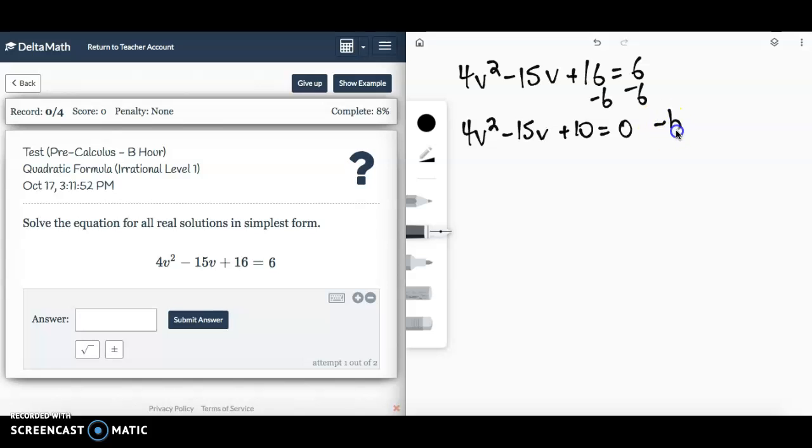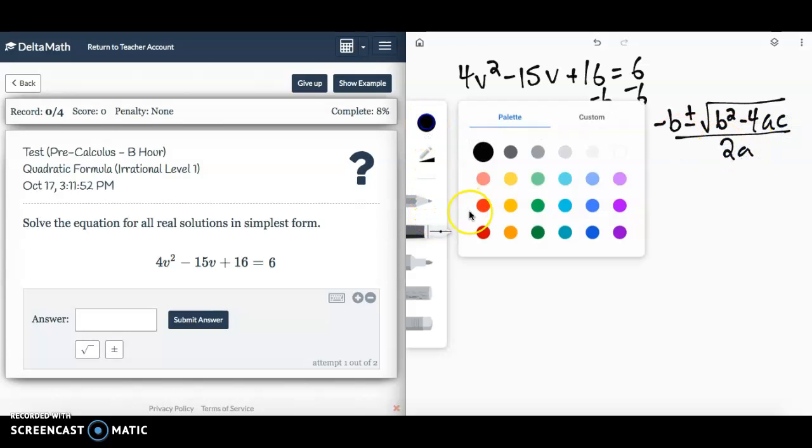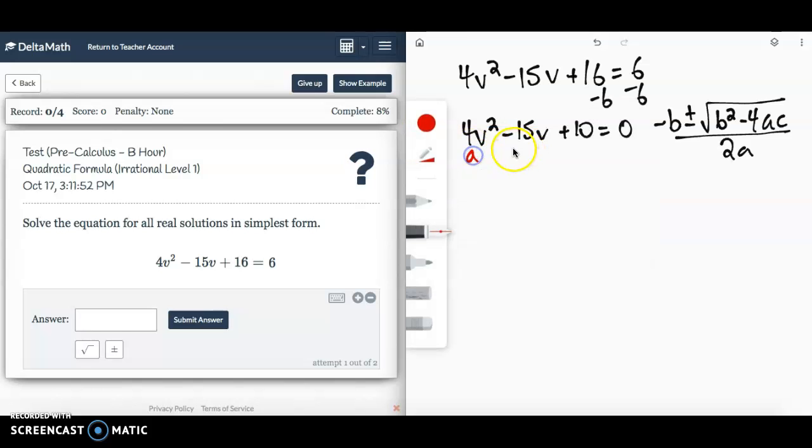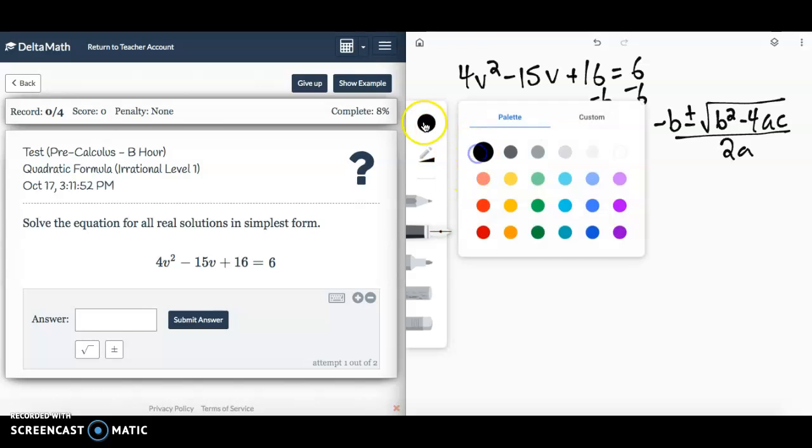So again, writing it out, negative b plus or minus square root b squared minus 4ac all over 2a. And then I can identify my a value is 4, b value is negative 15, c value is 10.